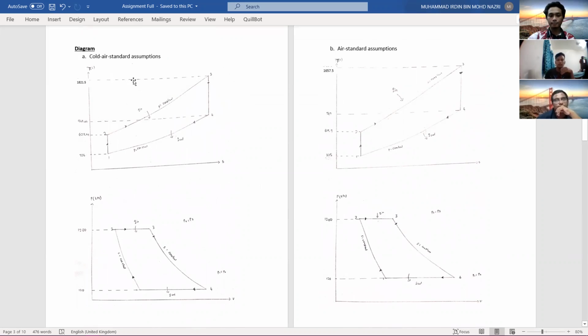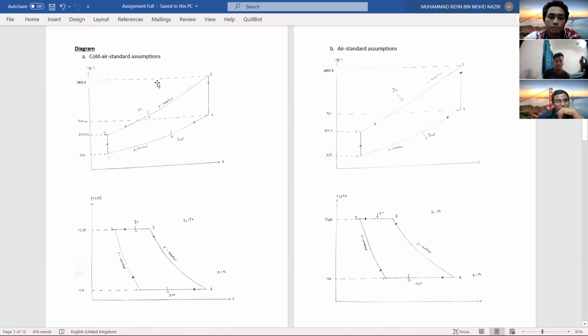Okay, for the diagram part, the first part is the cold air standard assumption. We choose the T1, which is the inlet temperature for the cold air standard assumption, as 325 Kelvin. For this part, the bottom corner, this is the isentropic process.